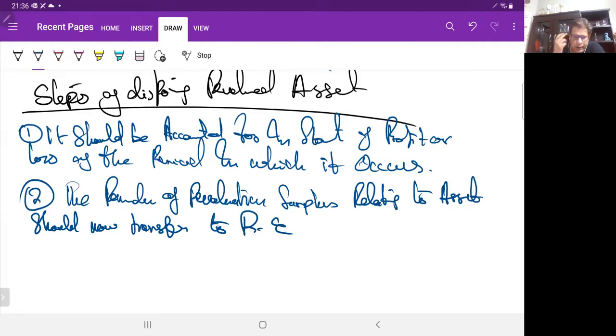It would not affect other comprehensive income, which is only altered when the asset is actually revalued upward or downward, right? Now, for better understanding, again, we will do an example. Let's jump on it.